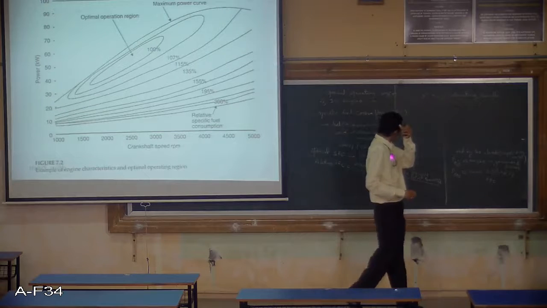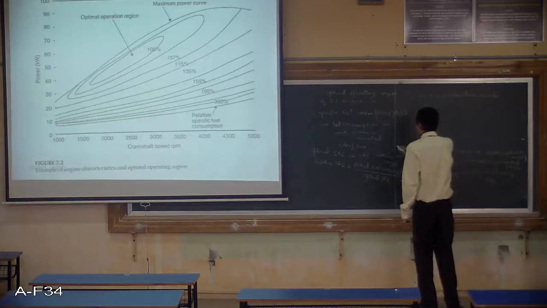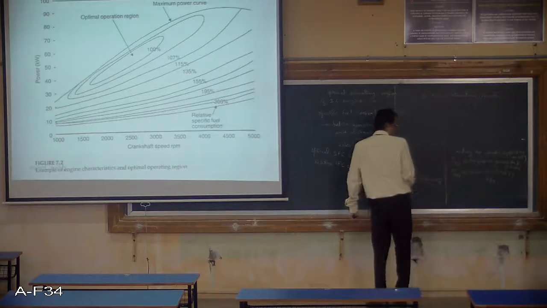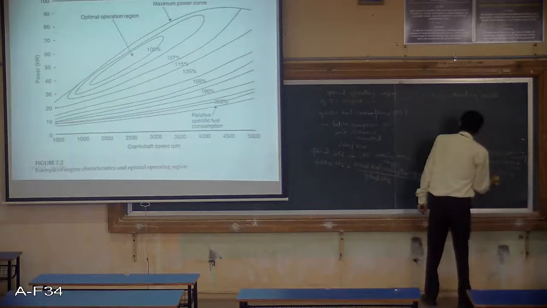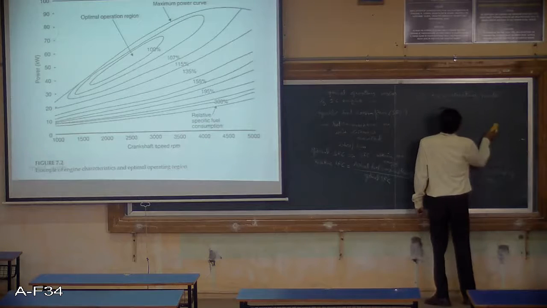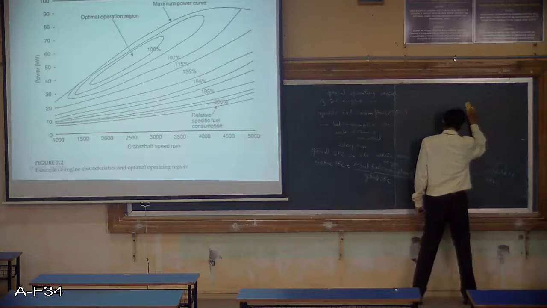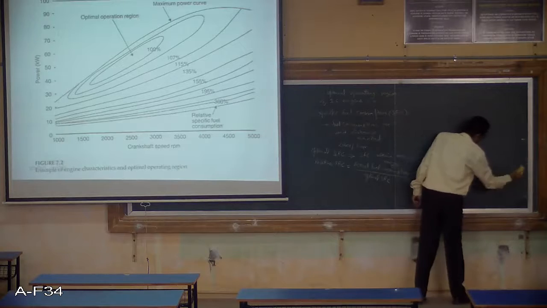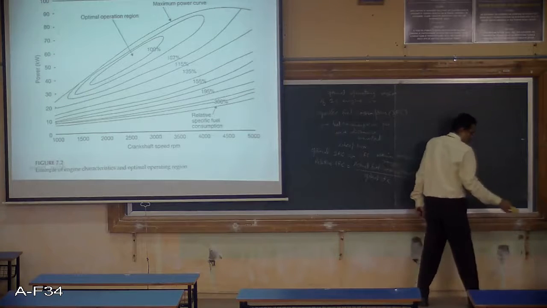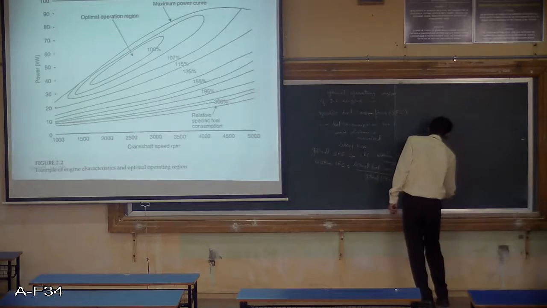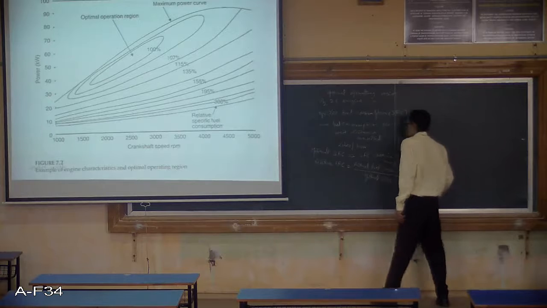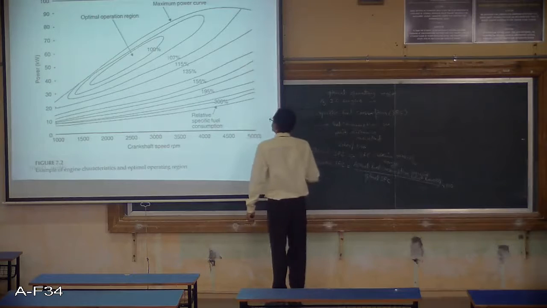So this is how we calculate relative specific fuel consumption. If you multiply this by 100, this will become percentage relative specific fuel consumption.